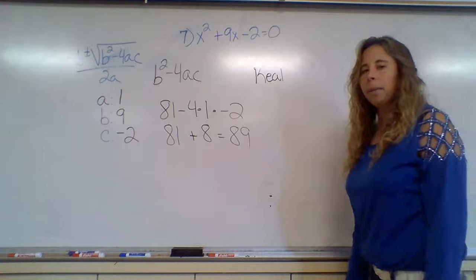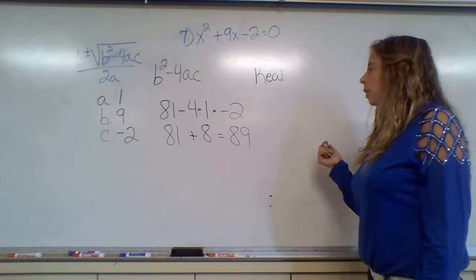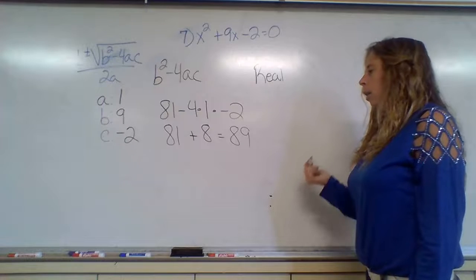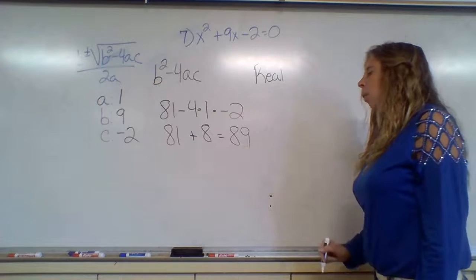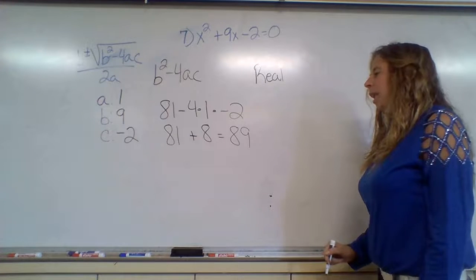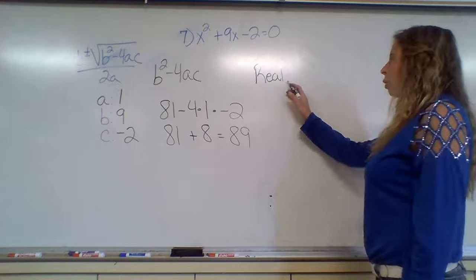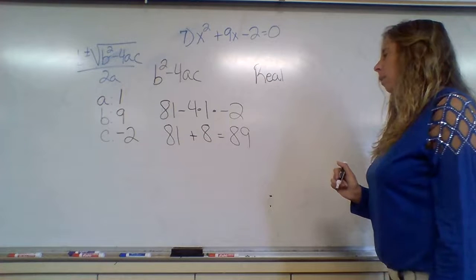Okay? Now, you have to answer, are they going to be rational or irrational? So the question is then, is 89 a perfect square or not? If 89 is a perfect square, then they are rational. If it's not, then they are irrational.